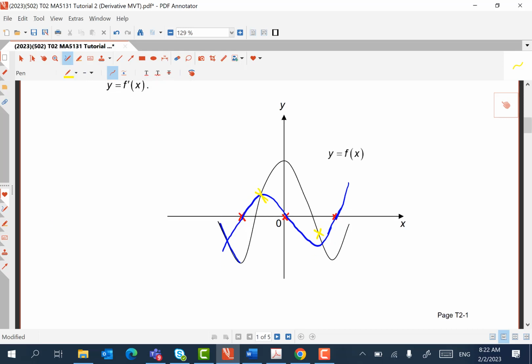Okay. So as we have already discussed, in the original graph, these points must have been inflection points, because these are the points where the gradient graph has a turning point.